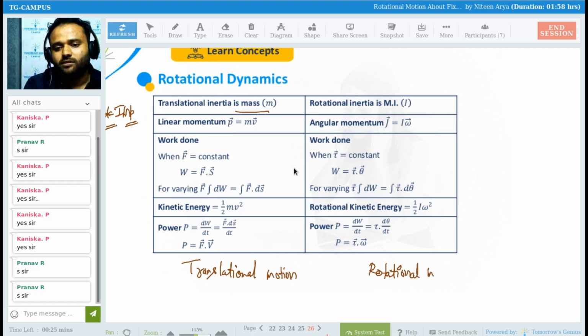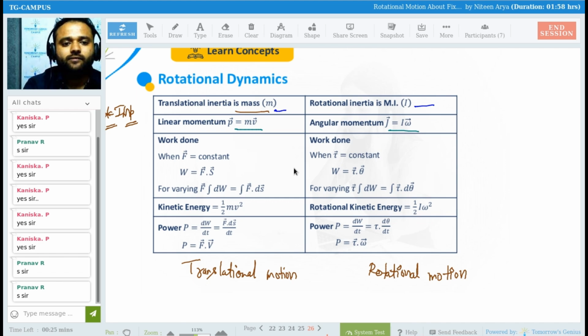We discussed this in the previous class also. So in translation motion, translational inertia is mass. In rotation, rotational inertia is moment of inertia I. Here you can see that linear momentum P equals mv, angular momentum J equals I omega.